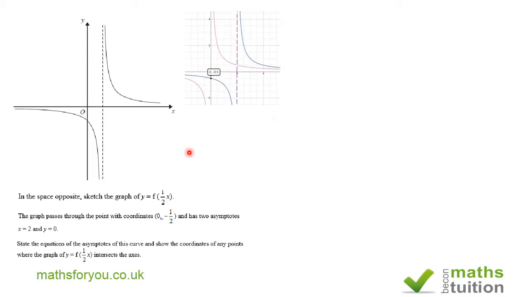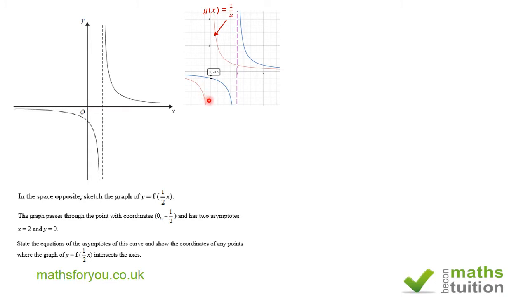Now what I've done is I've got a cluster of graphs here. I know I'm cheating, I'm using my graphing calculator to do this. For the brown graph, that is a graph of g of x is equal to 1 over x. There are two parts to that one because it's an inverse function.